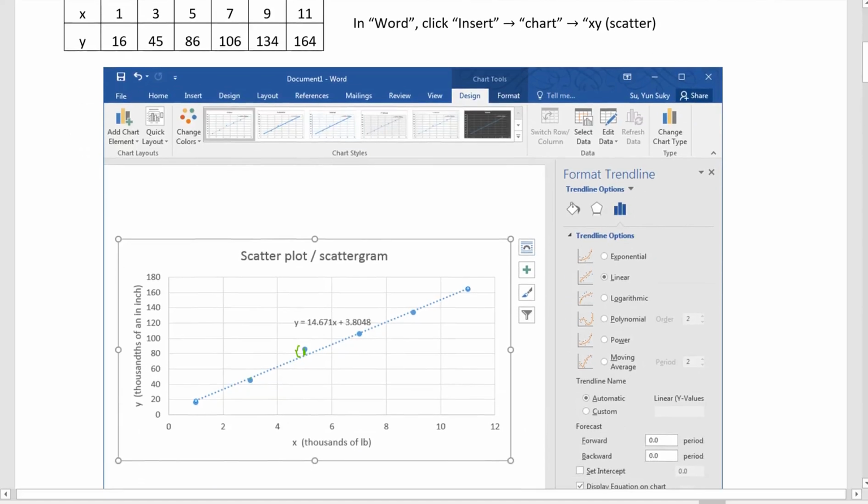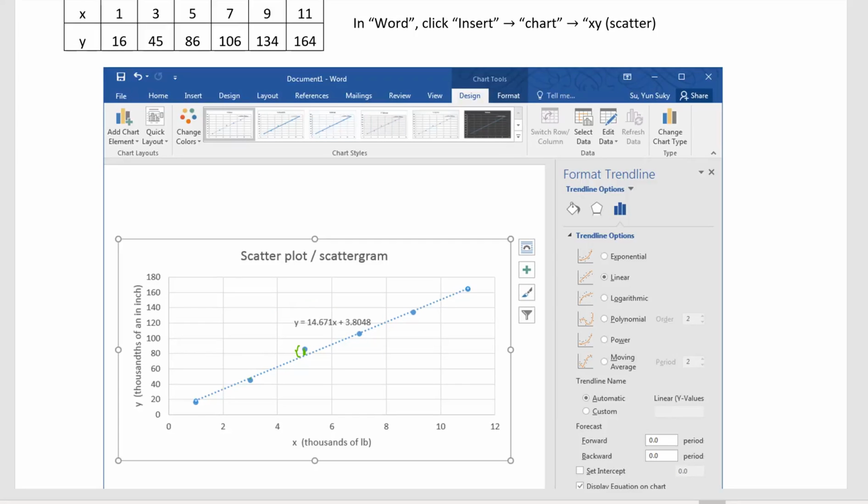Then you can input the table and draw a scatter plot. For the scatter plot, you can choose the function to be linear, exponential, logarithmic, or polynomial of any order. This is one example. After we plot the points, you can see it looks linear, right?